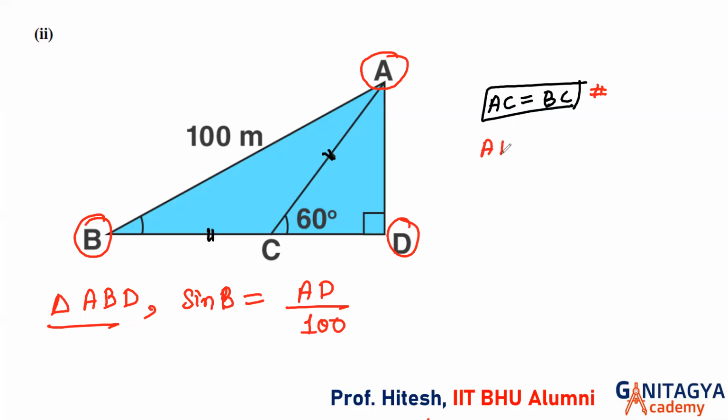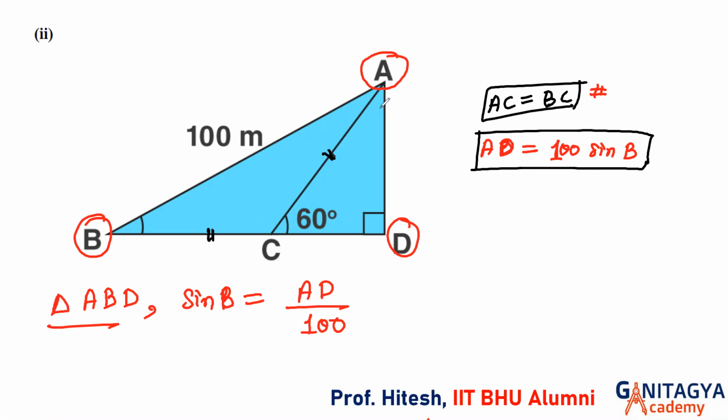So AD is equal to 100 into sine B. Directly I can say angle B is 30 degree. How can I say? Okay, AD is equal to 100 sin B. How can I say?